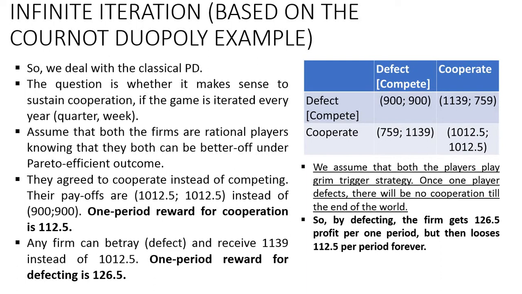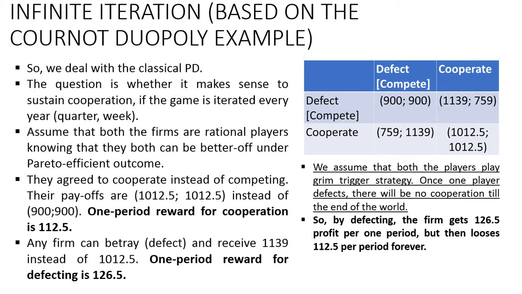So we can say by defecting, the firm gets 126.5 profit, like an extra reward, per one period. But then this firm will lose 112.5 per period forever, like each period till the end of the world.